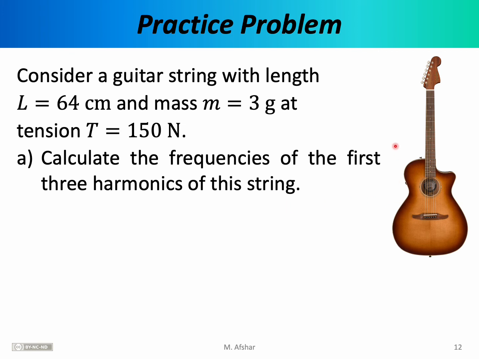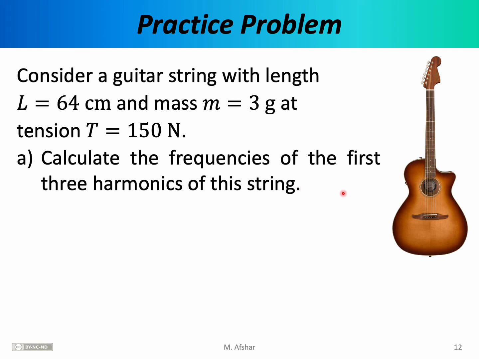So we have a string and we have some specifications for it, like its length and its mass. And if we were playing this guitar string without fingering it or using the frets, so simply plucking the guitar string like any amateur guitar player can, what would be the frequencies that this guitar string can sustain?